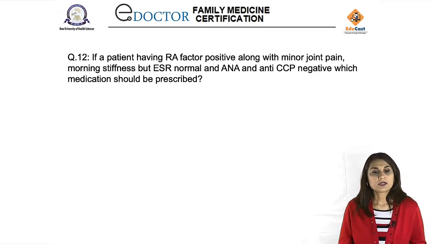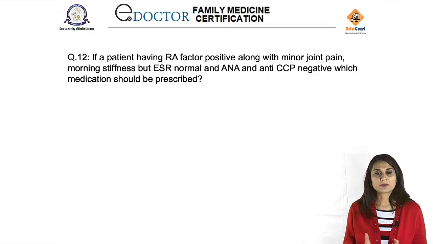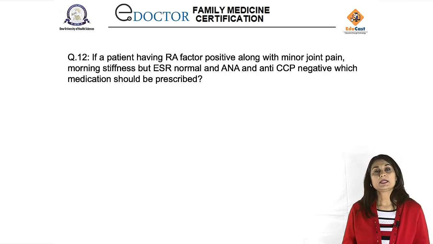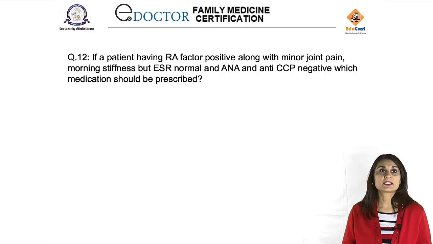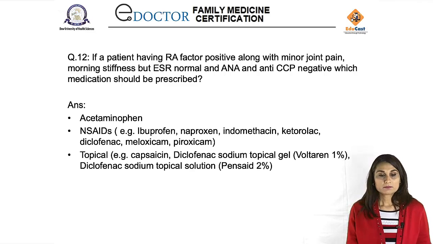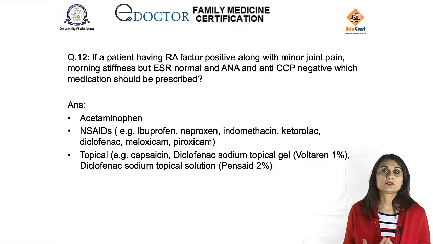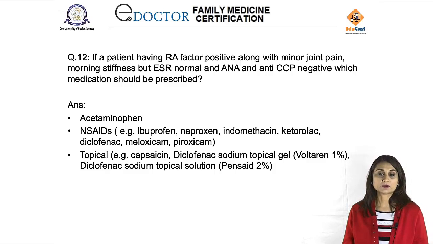Next question. If a patient has RA factor positive along with minor joint pain and morning stiffness, but ESR is normal and ANA and anti-CCP are negative, which medication should be prescribed? Let me tell you one thing: RA factor is positive in normal healthy individuals also. A lot of the population has this positive too.